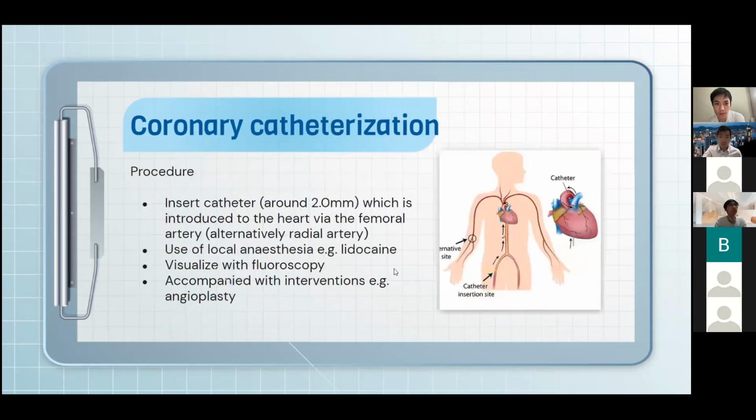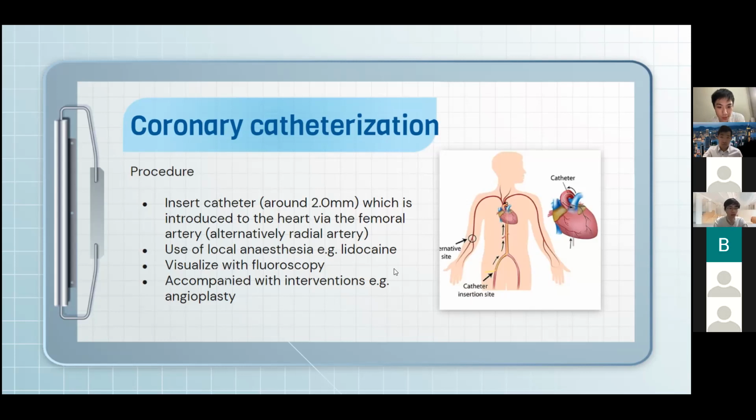So how do we insert a catheter into the vessels of the heart, given that the vessels of the heart are only about 0.2 millimeters to 2 millimeters? In this case, we are going to insert the catheter from a larger artery, which in the usual case is going to be the femoral artery, which is located around the medial groin.